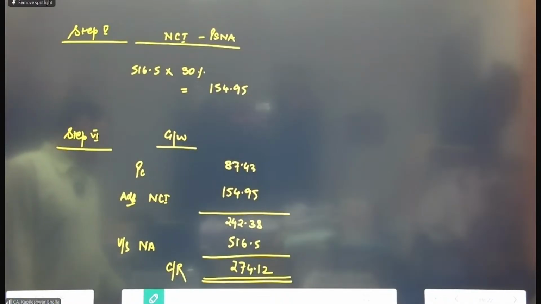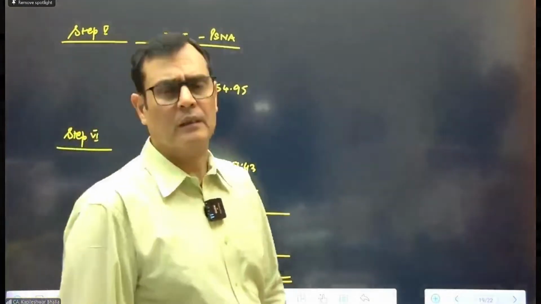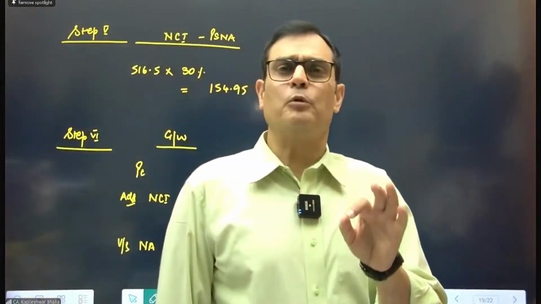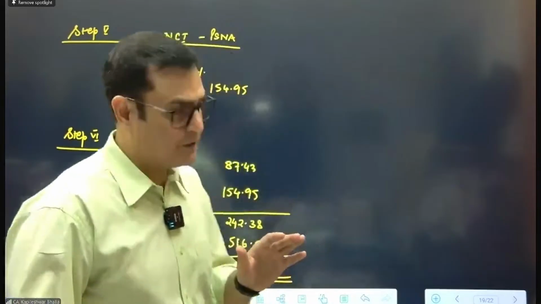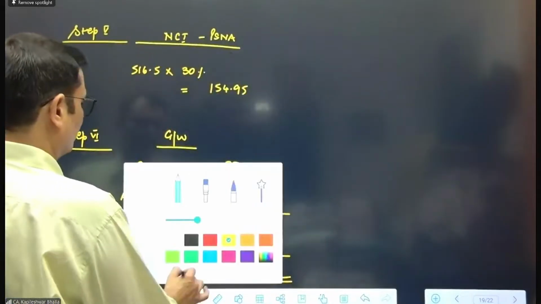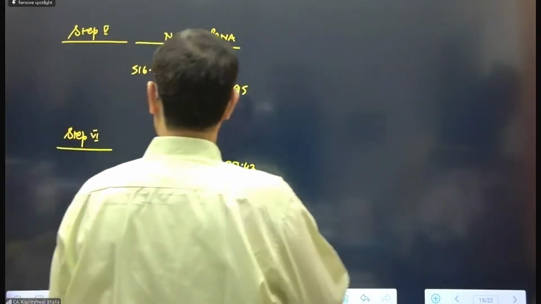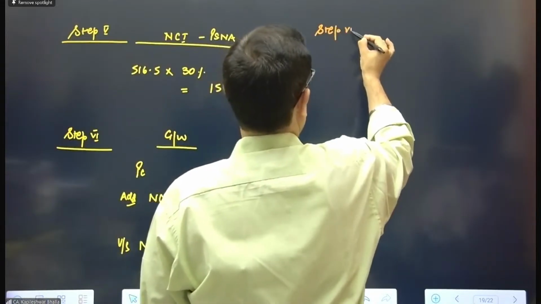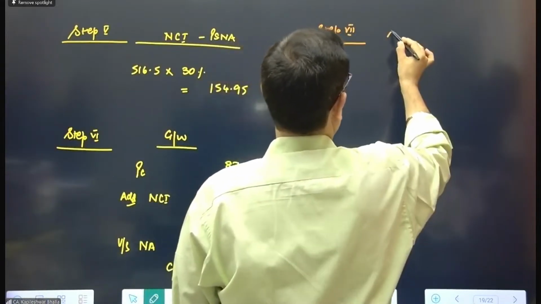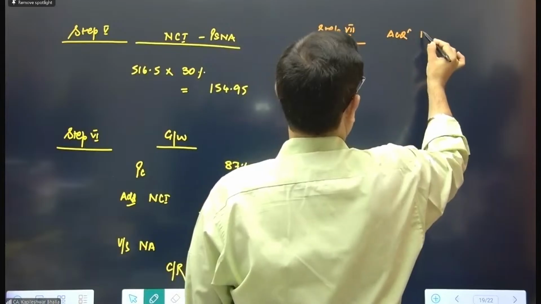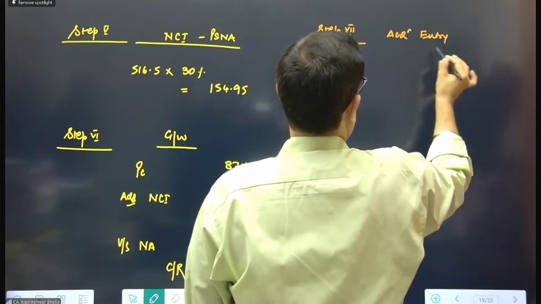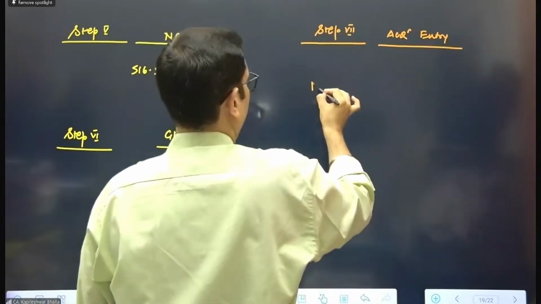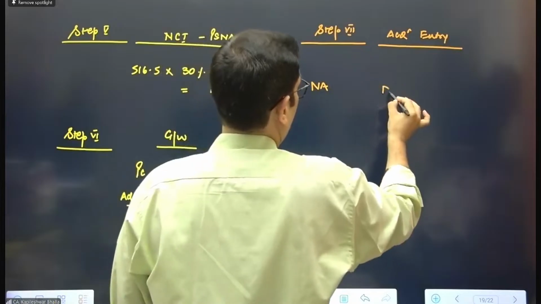Now the question is not asking me for the entry, it is asking me for the opening balance sheet of Professional. But I think for that purpose, we'll put the entry. So let's put the entry in step number 7 as well, and then we'll make the balance sheet also. So step number 7 is just organizing the data, which is the acquisition entry. I'm just going to put the entry in short.